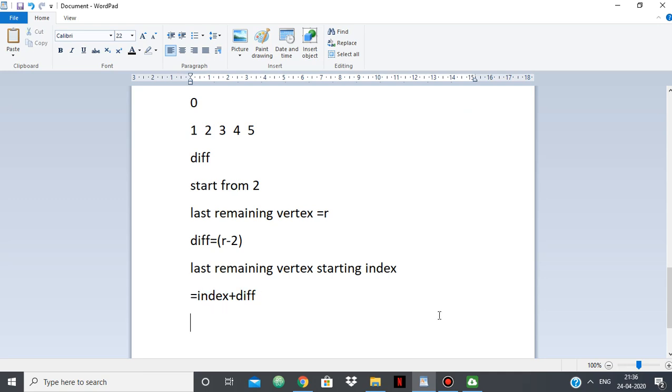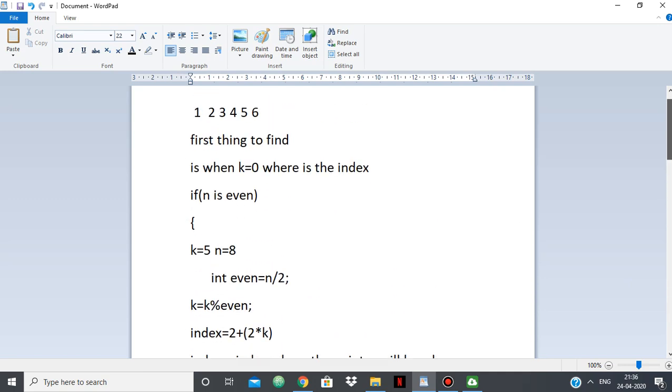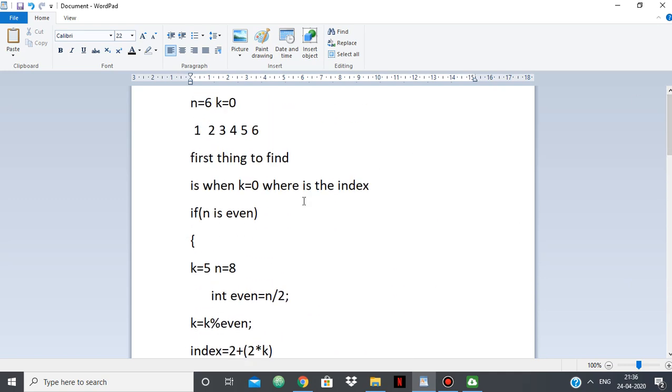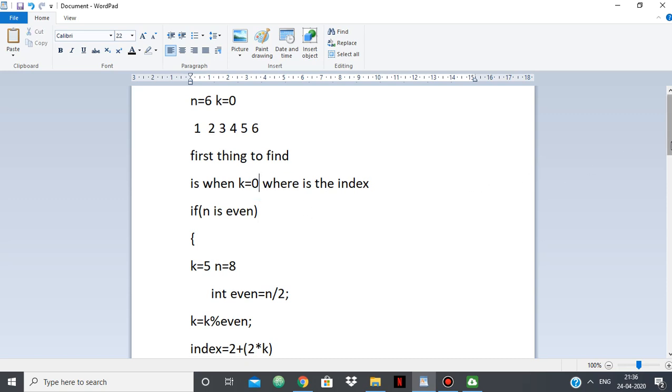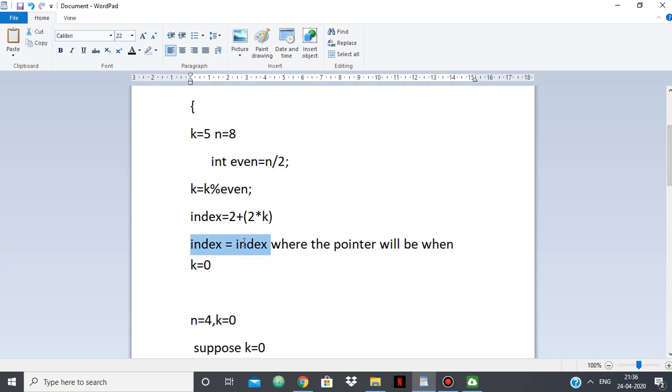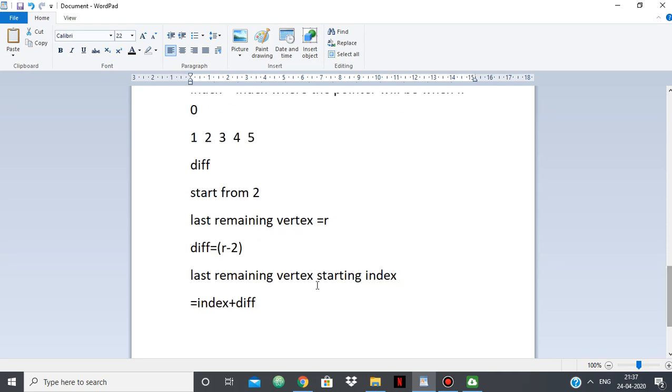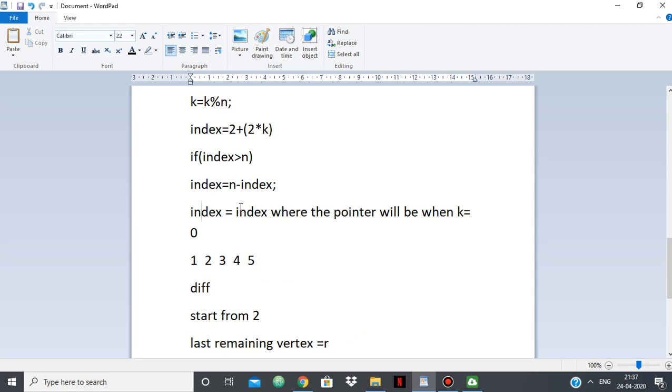Now, what have we done so far? We have calculated the final index where we will be when k is equal to 0. So for even, I find out the index where the explosion will start when k turns 0.